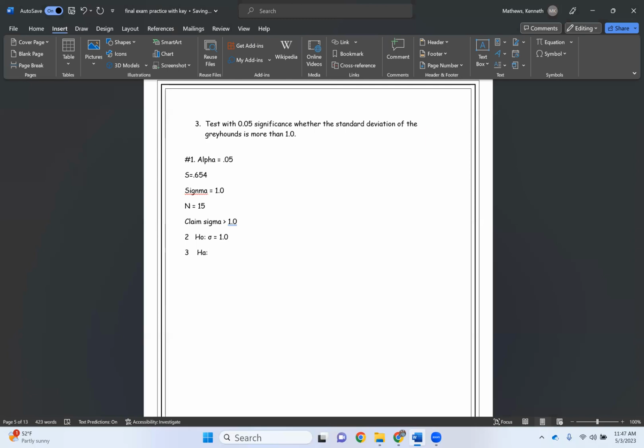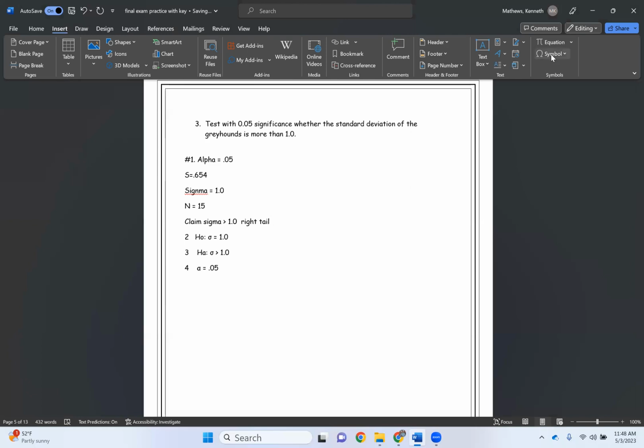So our alternative hypothesis, I'm going to copy because I'm going to do that one a lot, is that sigma is greater than 1.0. Our alpha level is 0.05. Alpha equals 0.05. And it's going to be a right-tailed chi-square test.